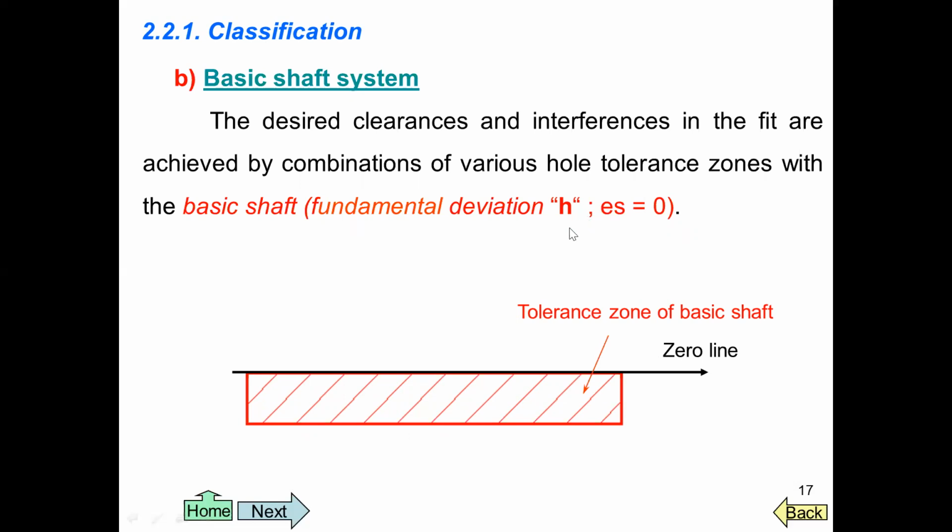And if we want to choose a clearance fit in the basic shaft system, you have to choose the tolerance zone of the hole above the 0 line. That means you have to choose the letter A, B, C, and so on.